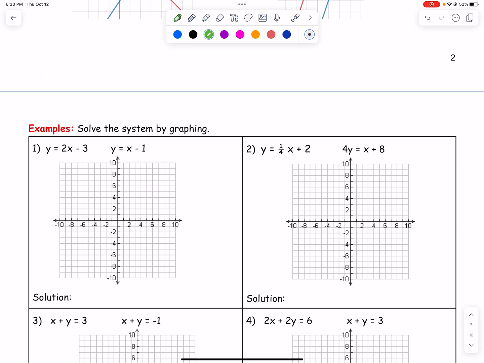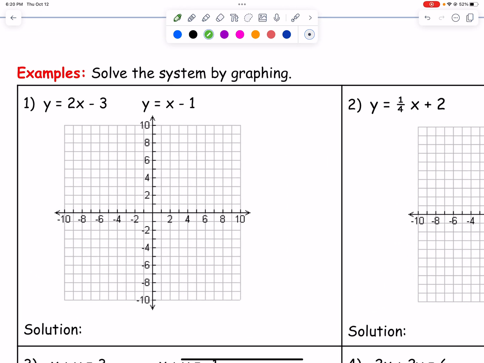Let's look at a few more. So if we're going to solve this system by graphing, and we're given number 1, y equals 2x minus 3, and y equals x minus 1, we want to graph by starting with the y-intercept. On this first equation, I'm going to plot this one in blue. I'm going to start with the y-intercept, which is negative 3, so go down to negative 3 on the y-axis.